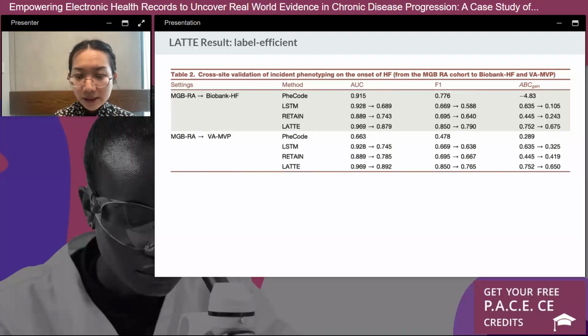For instance, here we are training on the MGB RA cohort to transfer to the biobank heart failure cohort as well as the VA MVP cohort. And from the AUC, you can see in comparison to the other methods, the LATTE algorithm has a good AUC on the in-domain test set, but it also does relatively better than the other methods on the cross-institutional test set, right?